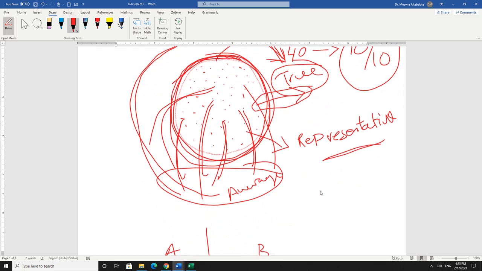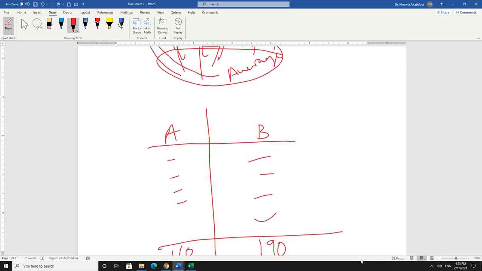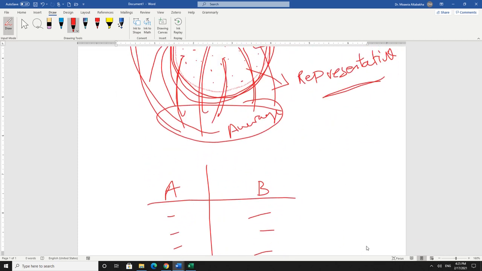But let me give you another scenario. If you know that I teach two classes, and I take the average of quizzes for all the students in each class, the average here is 9, the average here is 9.1. Which class is better?